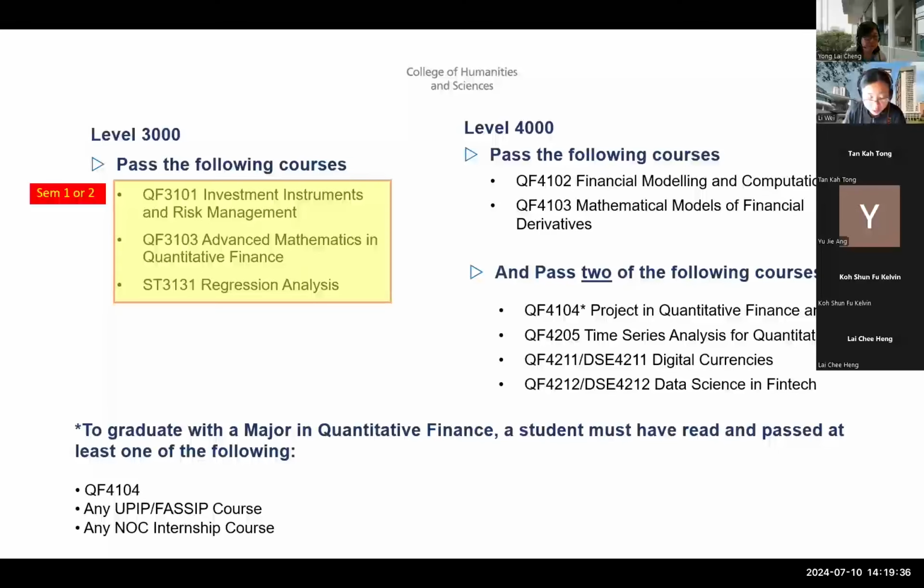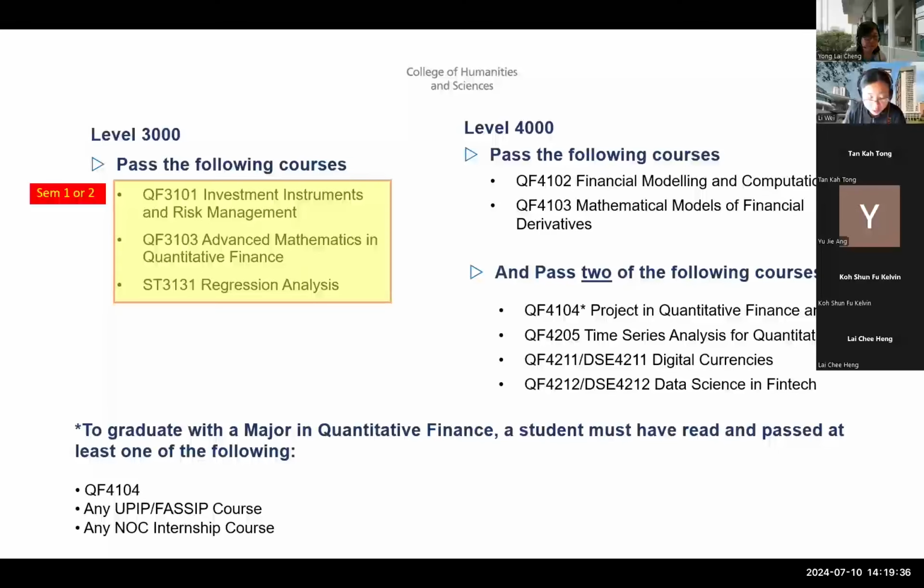You have to deal with data regression in a very essential way if you become a quant, right? So regression analysis is a very important tool to deal with data. This course is offered in both semester 1 and semester 2 by the Stats Department.